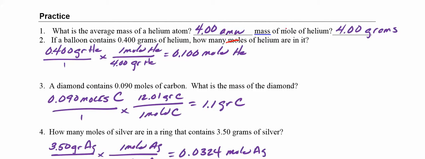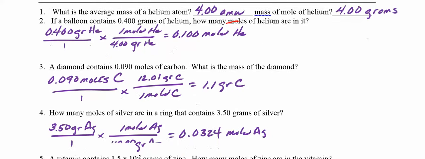Now, if I had 1 mole, if I had 6.022 times 10 to the 23rd atoms of helium, the magnitude would be the same, 4.00, but the unit would be different. It would be grams. So one more time, if I have 1 atom of helium, it would have a mass of 4.00 AMU. But if I had a mole of atoms, it would be 4.00 grams. All right? So that'll get us started.